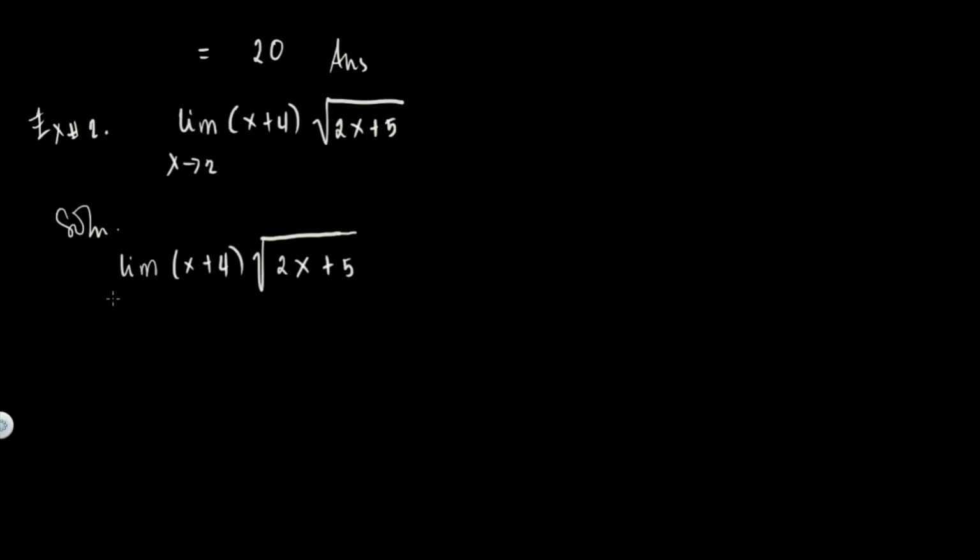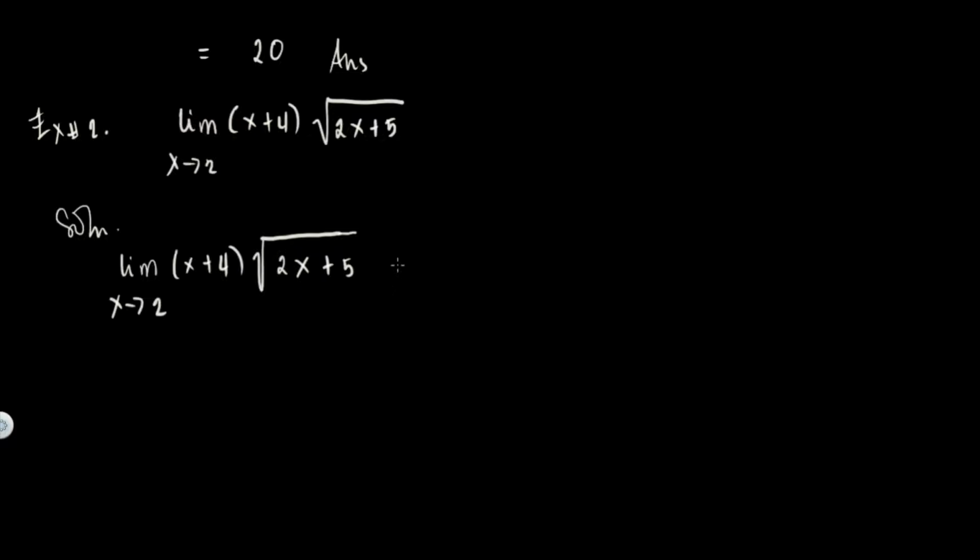Okay, kung titingnan mo to, product ito. This is theorem number, I think number 5, no? The limit of the product of two or more functions is the product of their limits. So, pwede mo siyang paghiwalayan, no? Parang ganito.